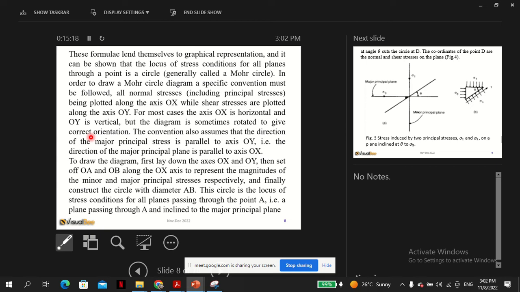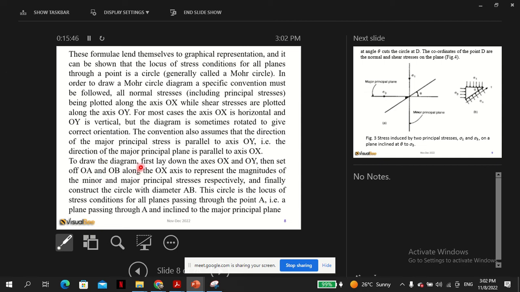They are 90 degrees from each other, that's okay, but the major principal axis can be in a certain orientation which is not necessarily vertical. In such cases we can rotate, but the idea is that the minor and major principal axes or stresses are 90 degrees from each other, whatever the orientation.